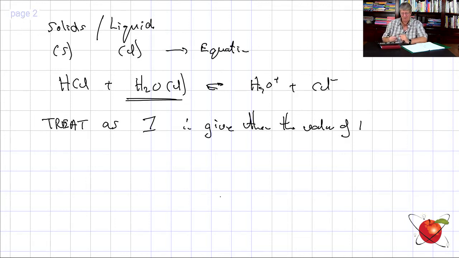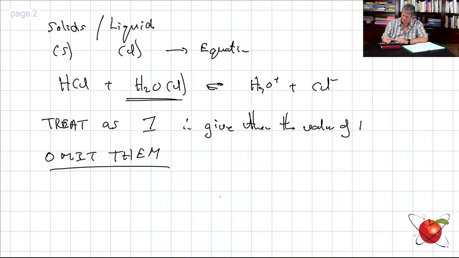Because if it's 0, you're going to be dividing by 0 and it's going to confuse you. Or instead of the value of 1, you can omit them. Now, everybody's got their own particular take on this. I do not like to omit them, because that means that I haven't completed my task, if you know what I mean.